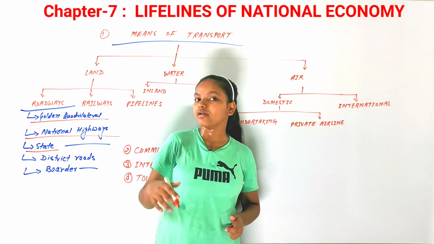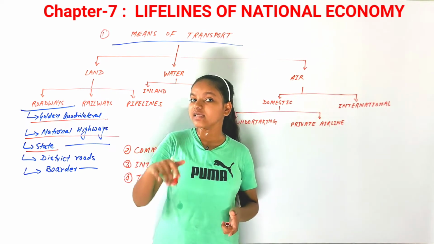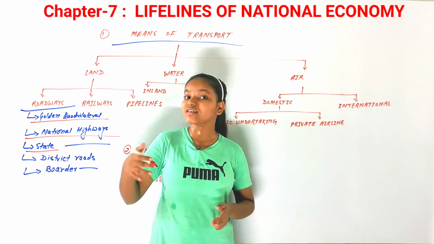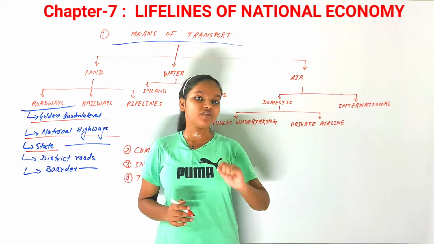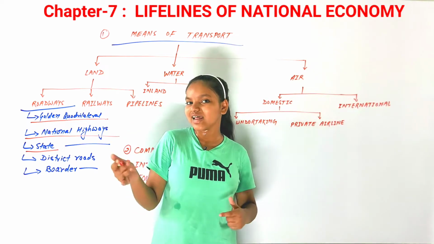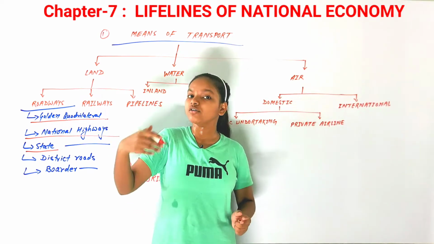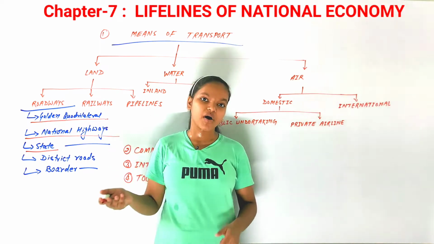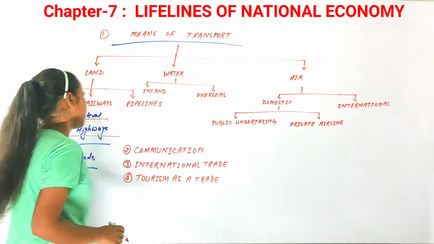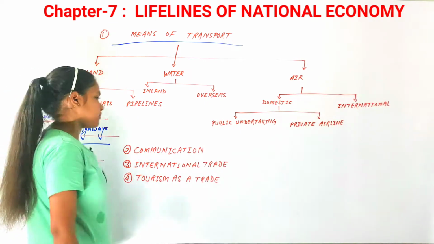These highways connect that capital to the district headquarters, and they are called state highways because they are generally for the purpose of the state. So in our state there are state highways maintained by the state public work departments.